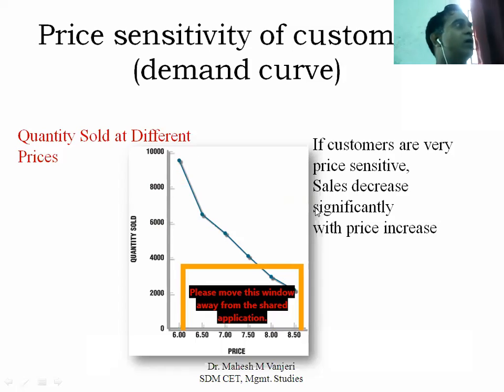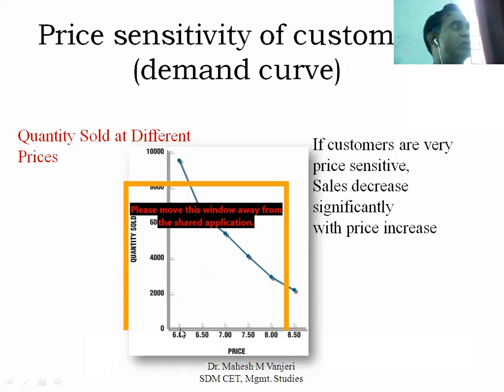units. As the price goes on increasing, what you can see from the graph is that at $6.5 per unit, the demand decreases to somewhere close to 6,000 units. At $7, the demand drops below 6,000 units.